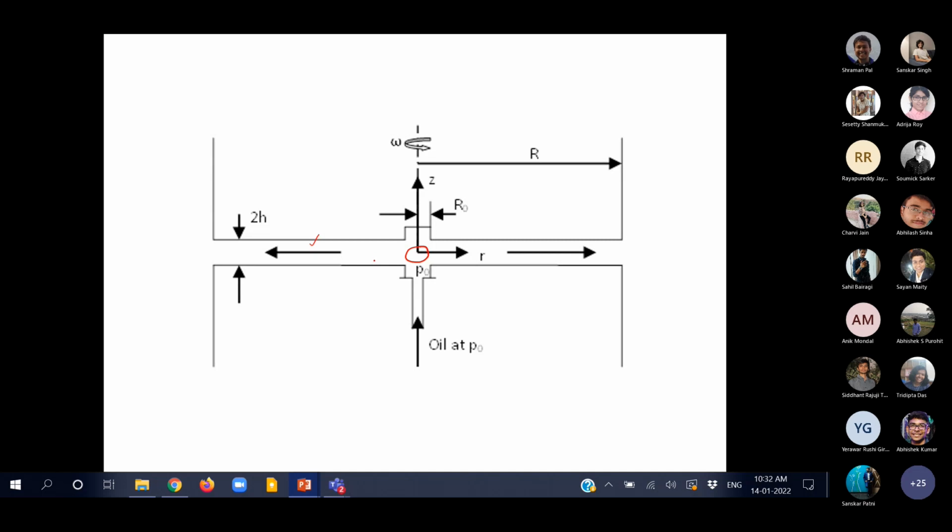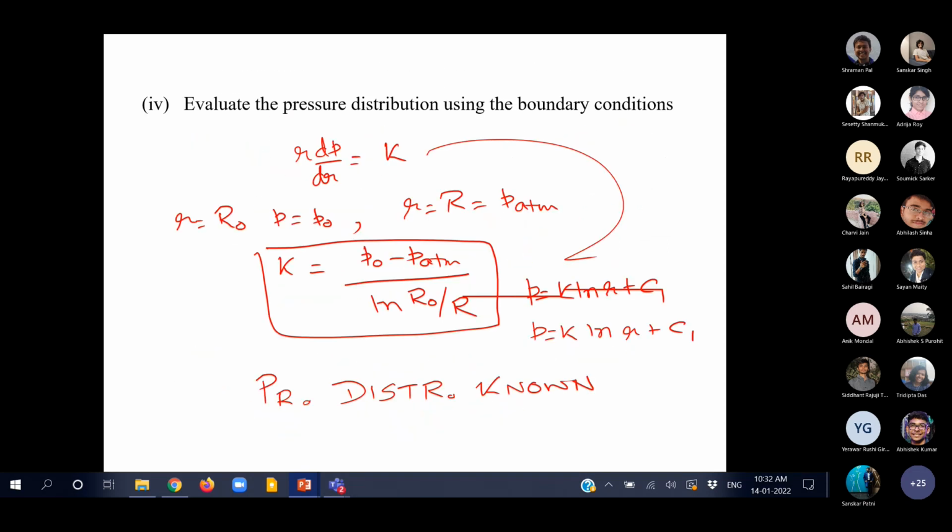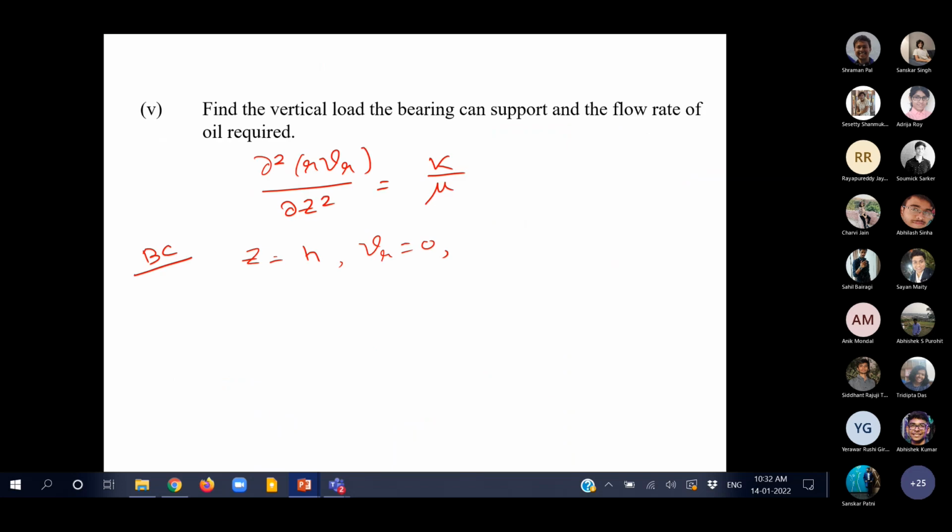But at that point, VR would still be equal to zero because there is no motion of the liquid in the R direction at the top or at the bottom plate. So therefore, the relevant boundary condition for both cases would simply be at Z equals H, VR would be equal to zero, and at Z equals minus H, VR would be equal to zero.